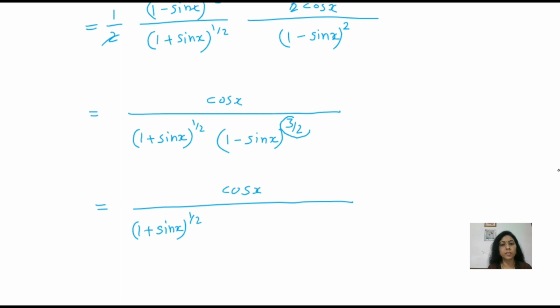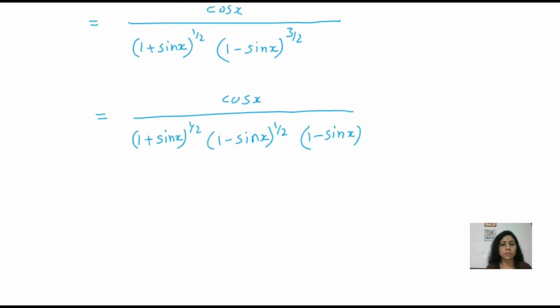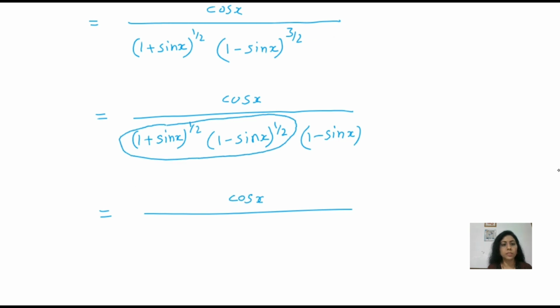and here 3/2 means 1 plus 1/2, right? So 1/2 power we can write here, because this is 1/2. So (1 minus sin x) to the power 1/2, and (1 minus sin x) to the power 1, and 1 we don't write, cos x. And can you see here, the power is the same, so we can multiply the bases.